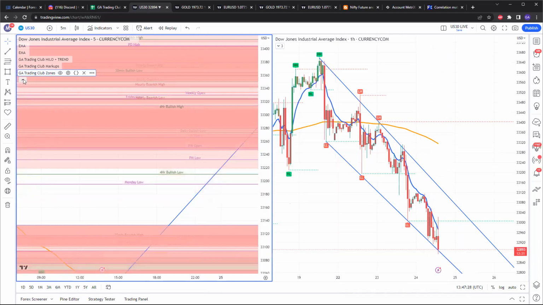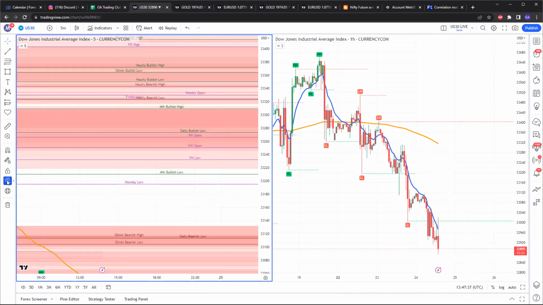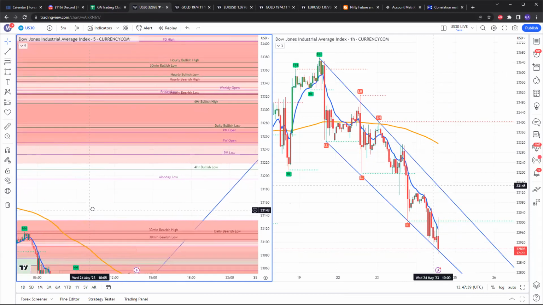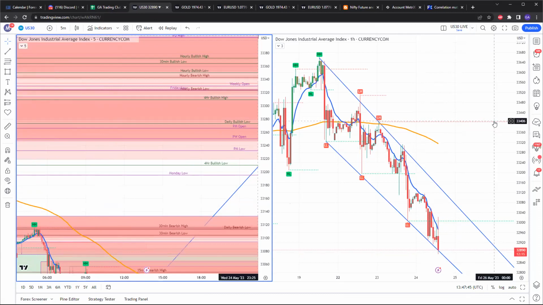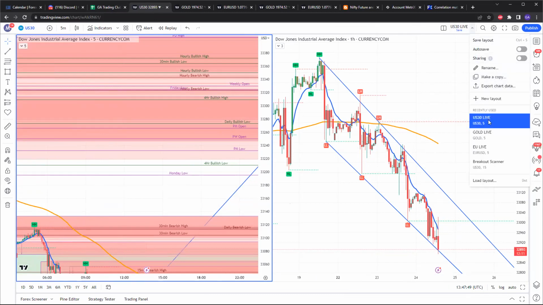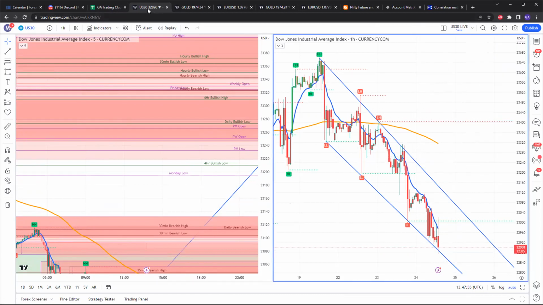The other way is to use this tool to mark the zones manually. So right now, for US30, I don't know if I took that off. Give me 1 second. Load chart, US30. 1 second.